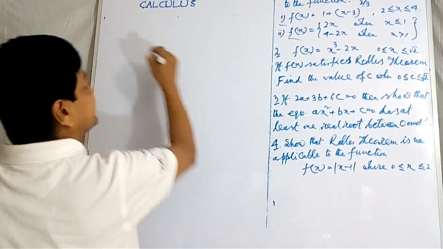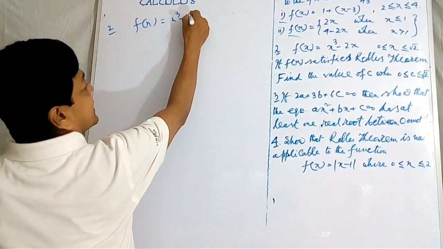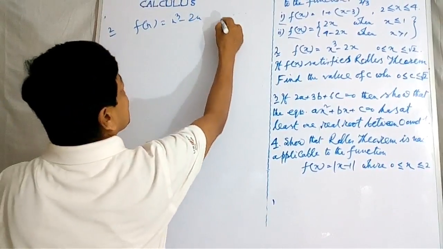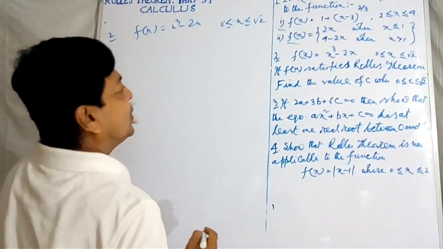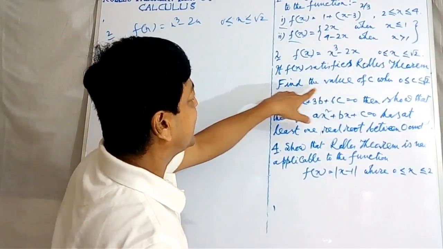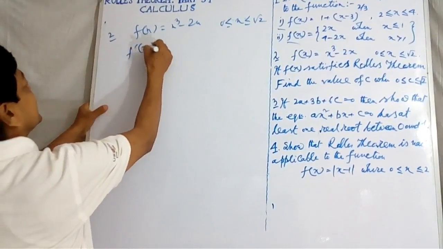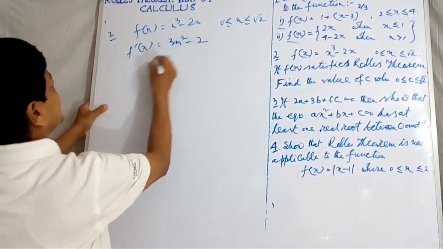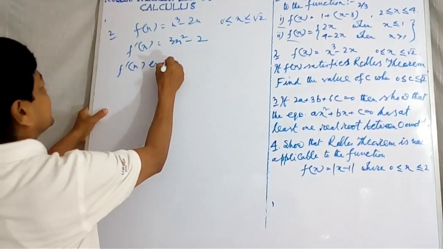Then number 3. f(x) equals x cube minus 2x, for x between 0 and root 2. If f(x) satisfies Rolle's theorem, find the value of c within this interval. Then f'(x) equals 3x square minus 2, so f'(x) exists.